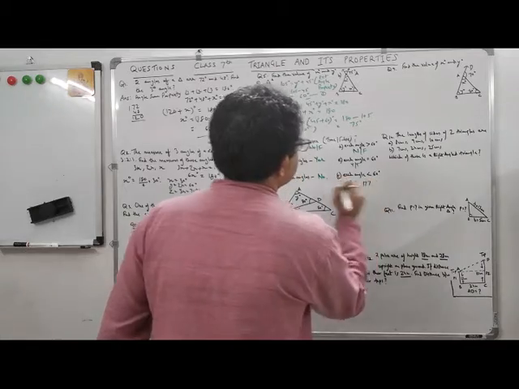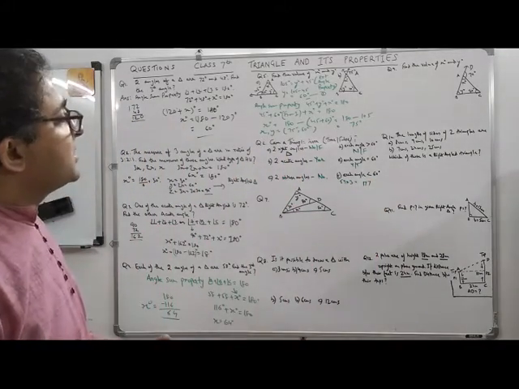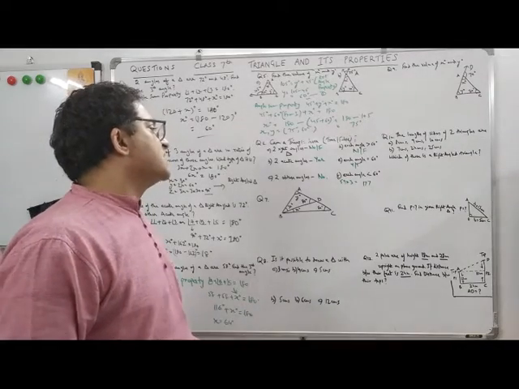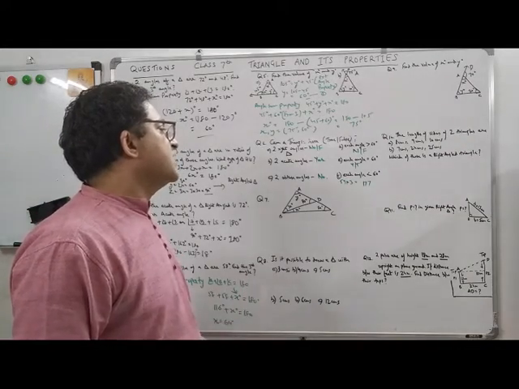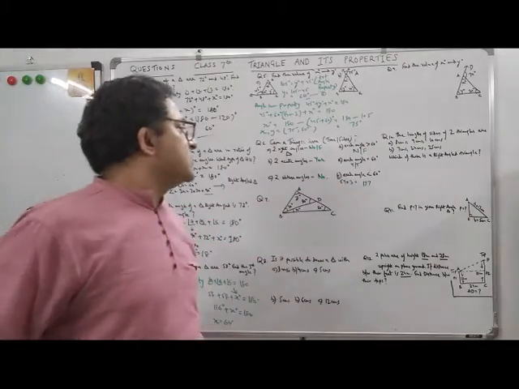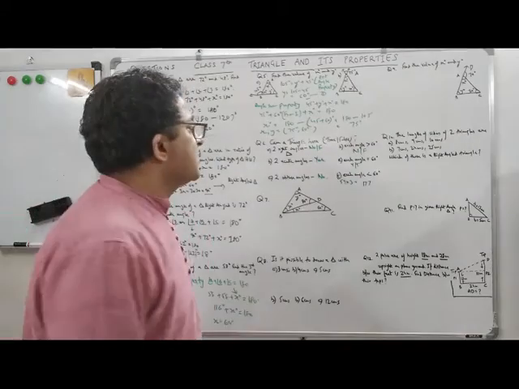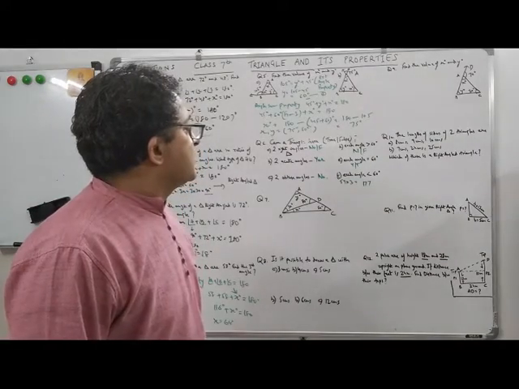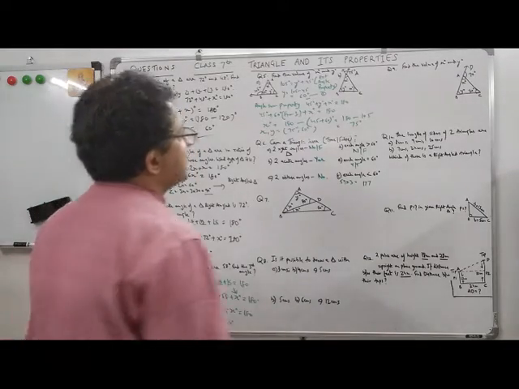It should be 180. So each angle less than 60 is not possible, because the sum has to be 180. So this is again false.